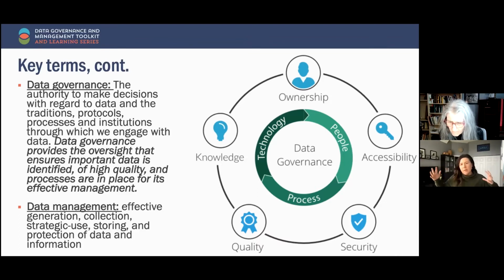Today, we're going to talk about, okay, how do we apply that in both external and internal environments? It really is the governance process that makes sure that data is appropriately managed. And then data management are all of the processes for doing so. So how do we generate, collect, store, and particularly protect and ensure that data is secure? Next slide.